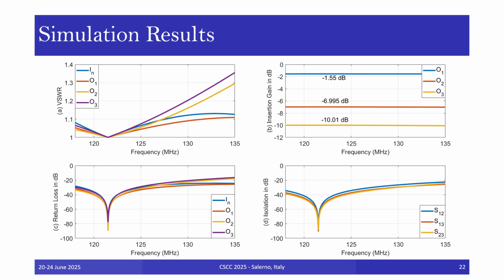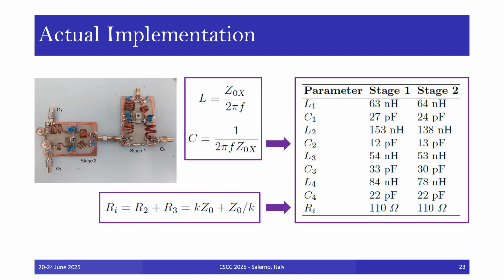The insertion gain plots indicate the intended unequal power split. The frequency response of the power division ratio is relatively flat across the simulated band. Scattering parameters S12, S13, and S23 show the high interport isolation achieved by the design. High isolation is important so that signals on one port do not couple significantly with the others.